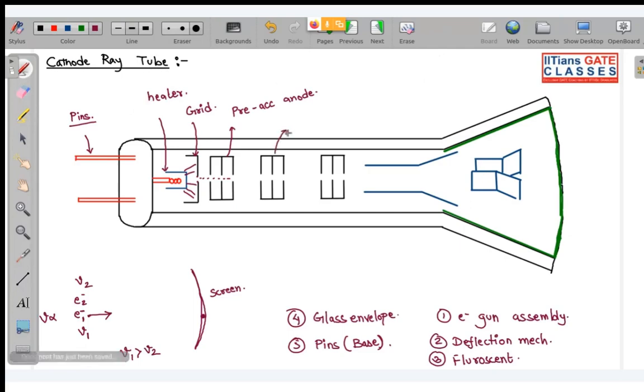So this one is your focusing anode. Now, what does this focusing anode do? You can adjust the value of the positive voltage that you are giving to this focusing anode.